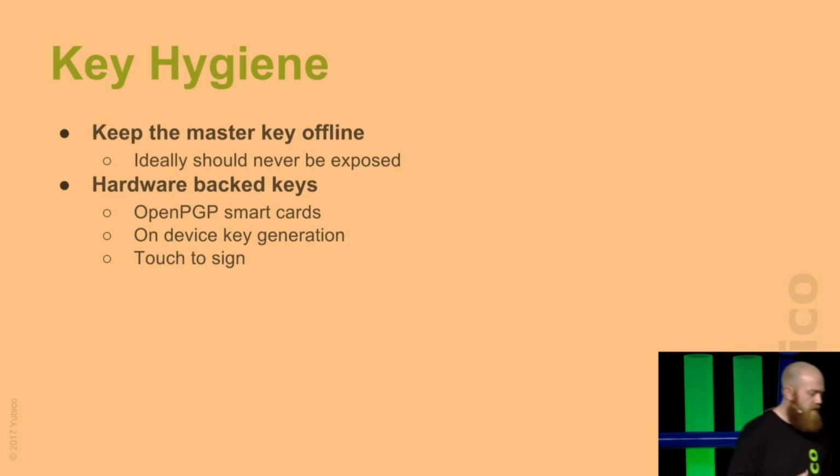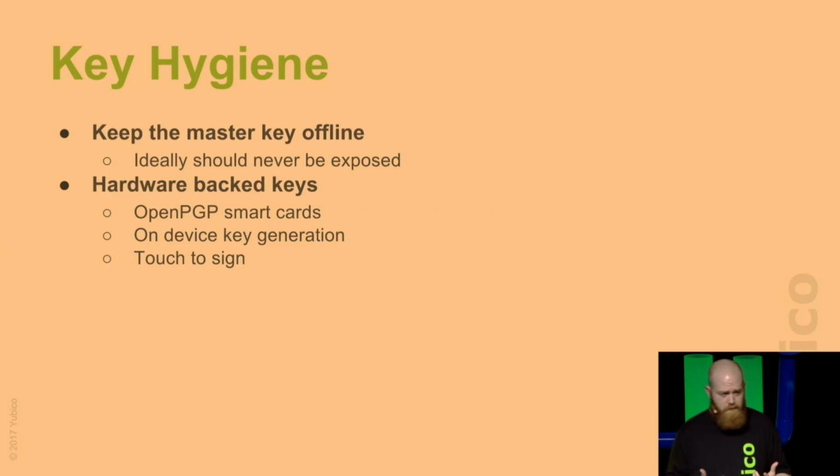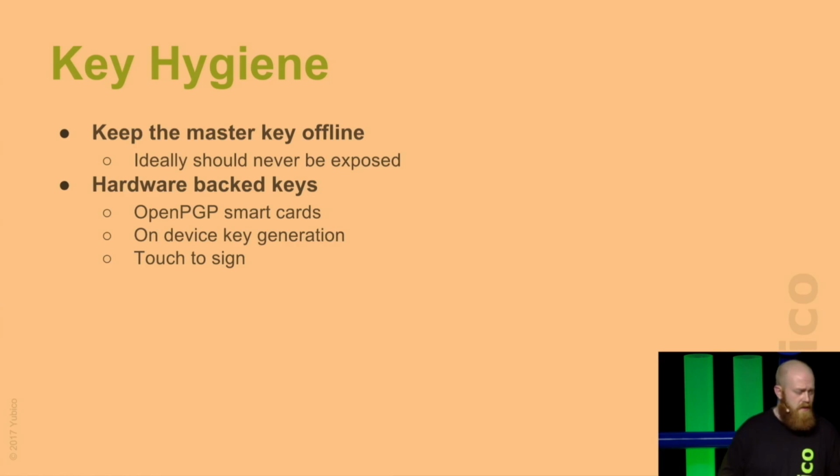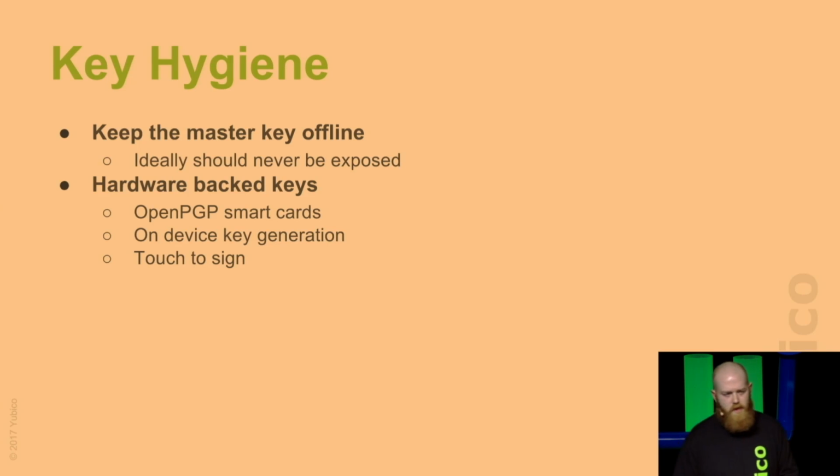Further, on key hygiene, when you are generating a key, you should ideally try to do this on a machine that is not exposed to the wider internet, by, for example, booting a Linux live CD, which is guaranteed to have the tooling required. Or you can even take it further and use hardware-backed keys, so-called OpenPGP smart cards or USB dongles. Some of them support generating the key on the device, and the device itself may be engineered in such a way that the private key material cannot be physically read out of the device.